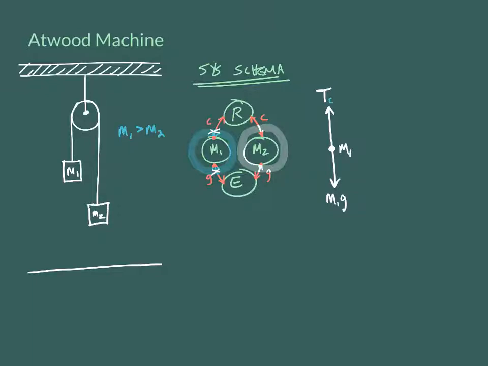I'll just use a big T, and I'll kind of put in words here, tension. I don't mean to put that as a subscript, just that's a side note. T for tension, as opposed to force of contact or rope on block.